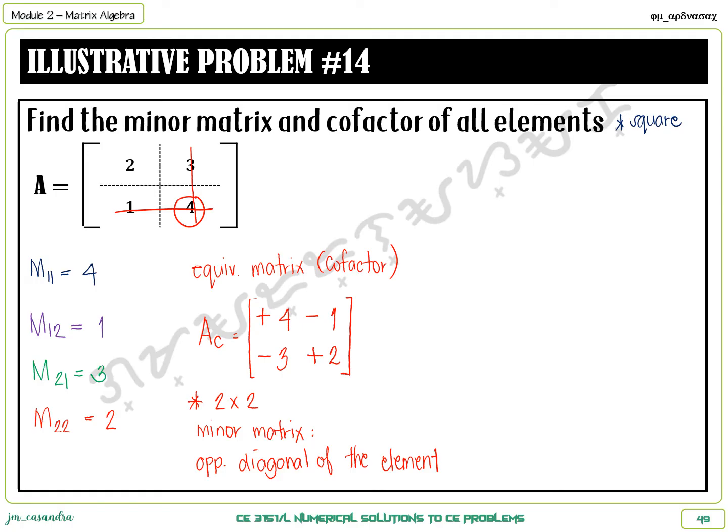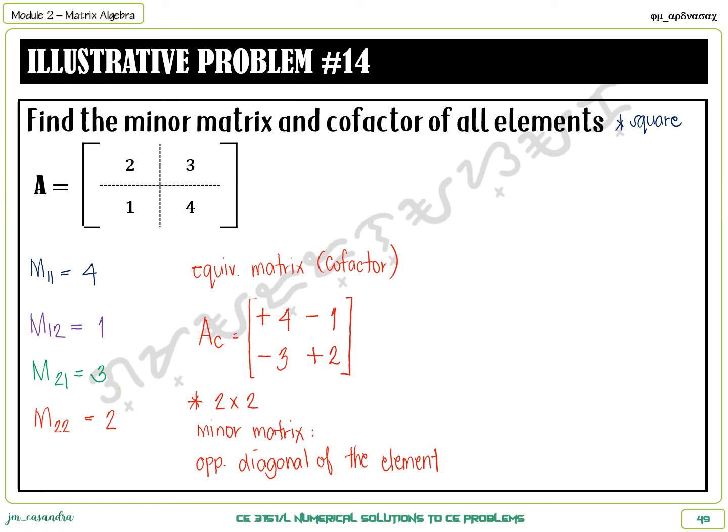So if we're going to look at it again, so pag yung 2 ang hinanap, minor niya is yung opposite, which is 4. Pag ang hinanap ko is the minor of this element, 1, so ang kanyang minor is the opposite diagonal, which is 3. Okay? So these are your shortcuts.